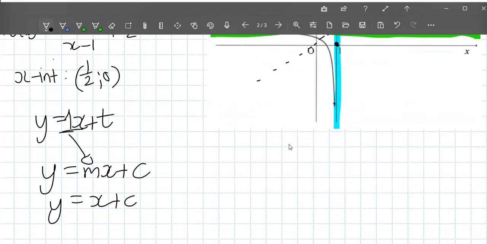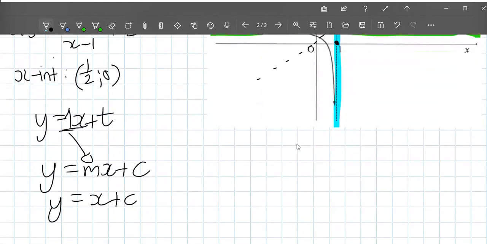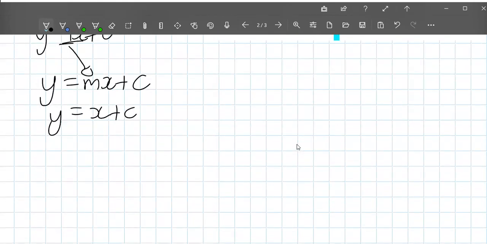But now we can sub in this value, (1, 2), this point on the axis of symmetry, that is the crossover point between the asymptotes. So we say sub point (1, 2), and we have 2 equals 1 plus c.